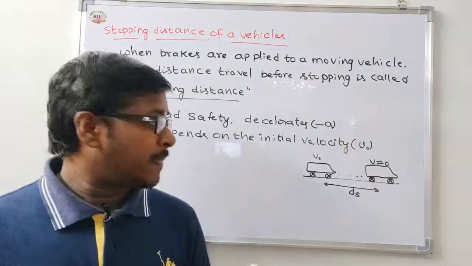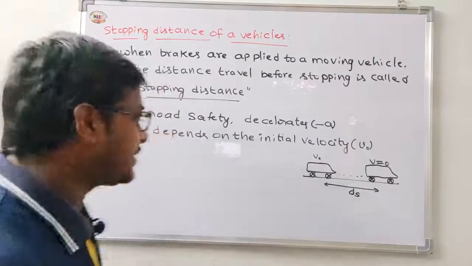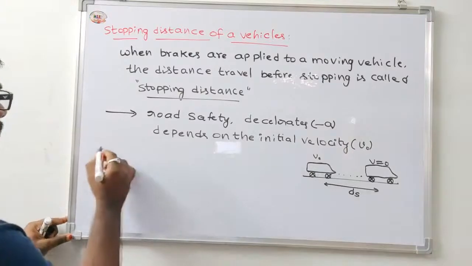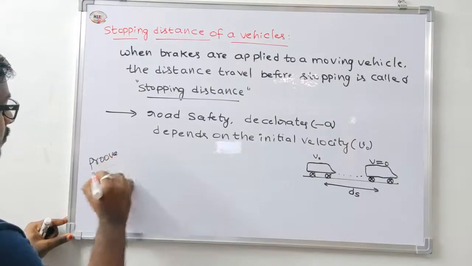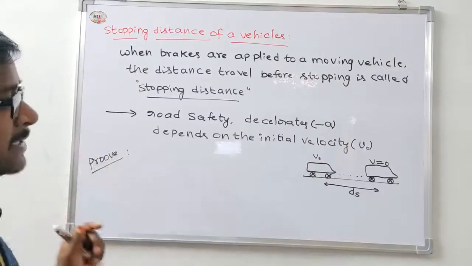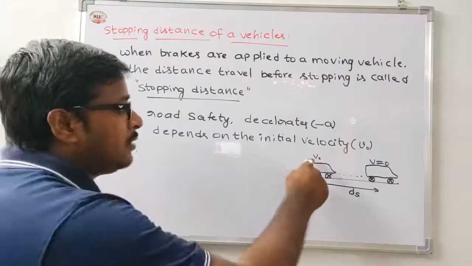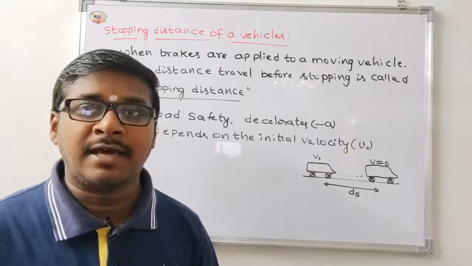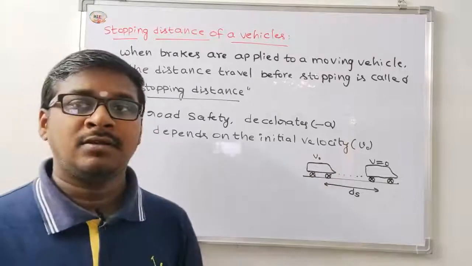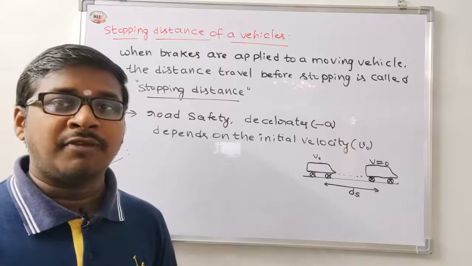Next, the proof of the formula for stopping distance. Let us consider a body, a car or any vehicle, moving on a straight road with initial velocity v0 and a uniform acceleration.